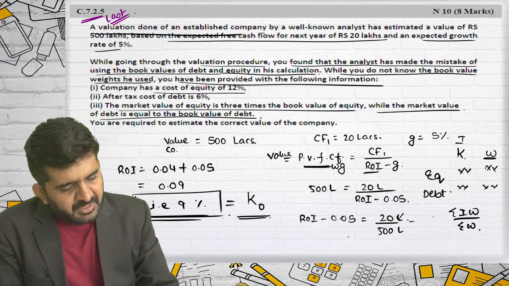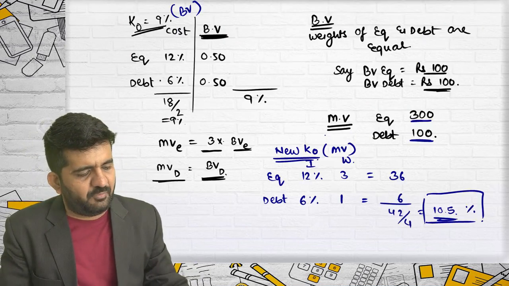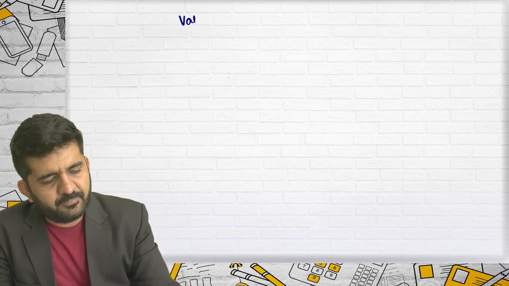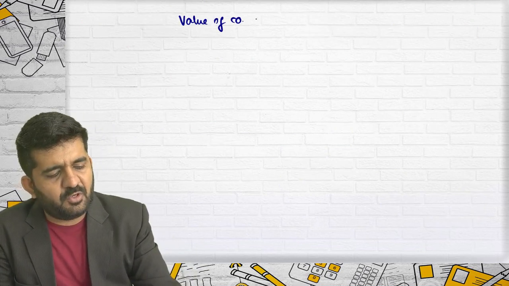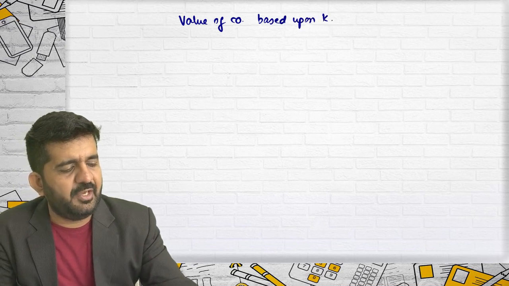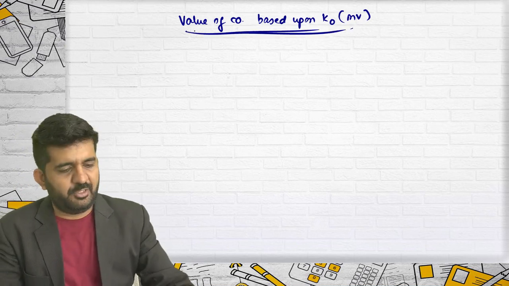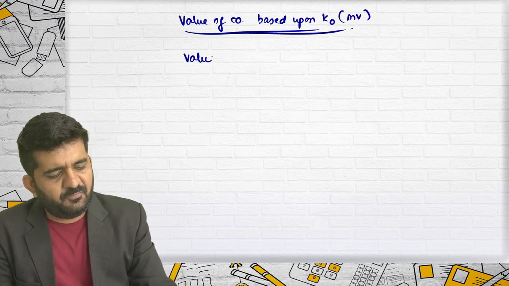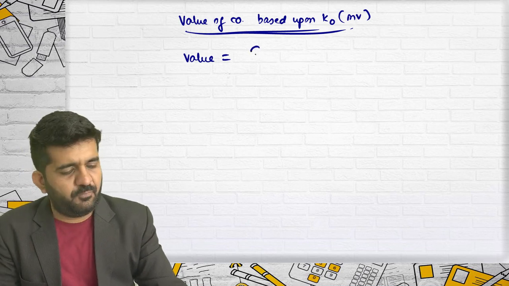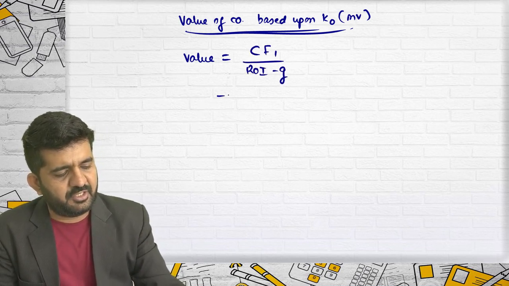Then, the market value of equity is so and so. You are required to estimate the correct value of the company, based upon Ko, which is based upon market value. Say, value of company is the present value of future cash flow of first year divided by rate of interest minus g.